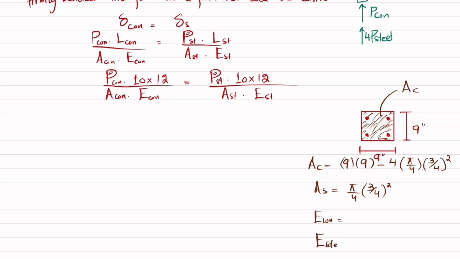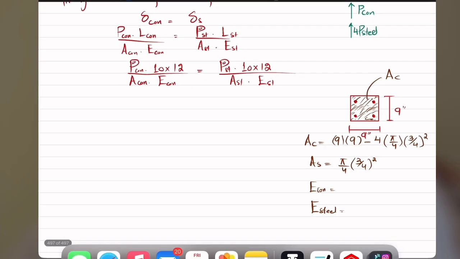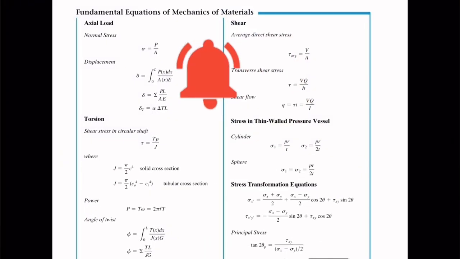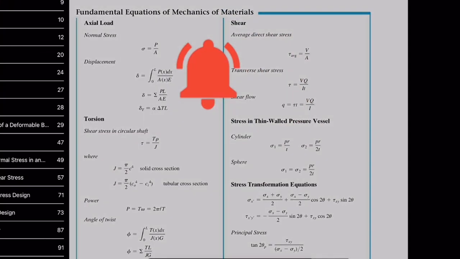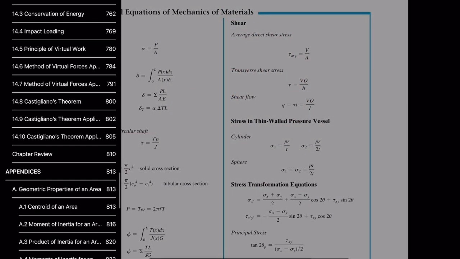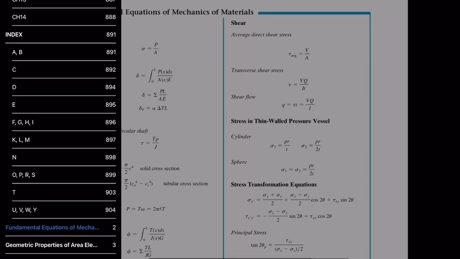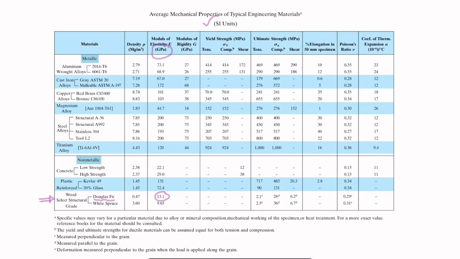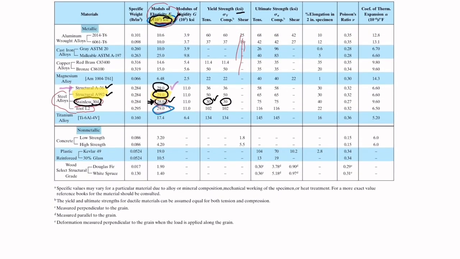So you can see we have the material. You will go to the end of the book, to the property tables at the end, average mechanical properties. This is for SI units. We will go to US customary.